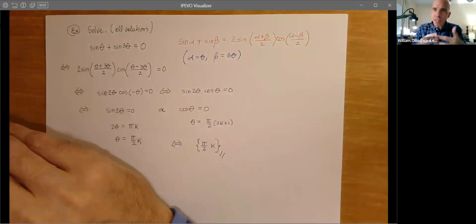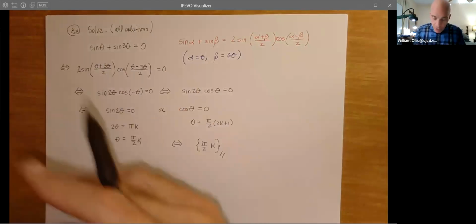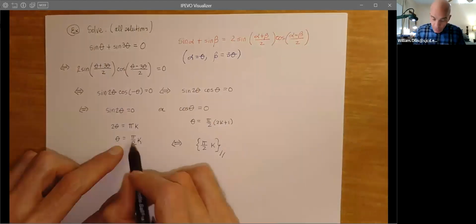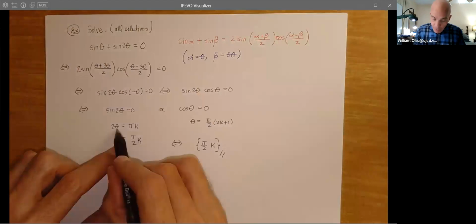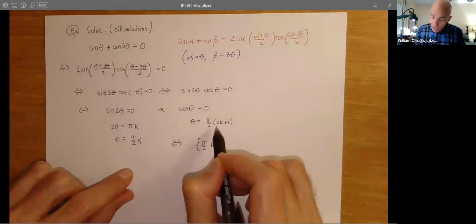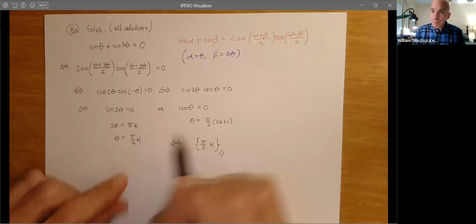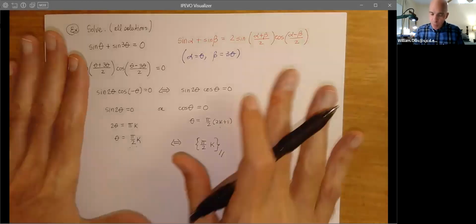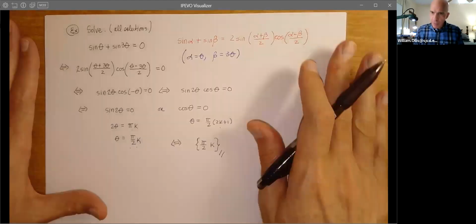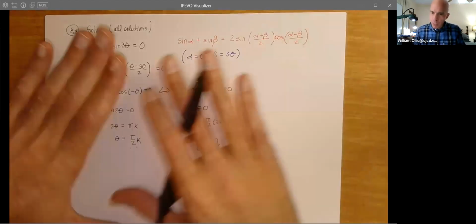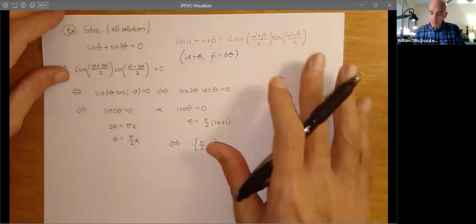It's the same thing, it's all connected. So here, this is where we get the pi over 2 k from this upon division by 2. And since this is just the odd multiples and this is all, this will cover every one of them. So that's a nice problem. Know how to do this. That's a good example. Easy, but very important. Nice physics problem.